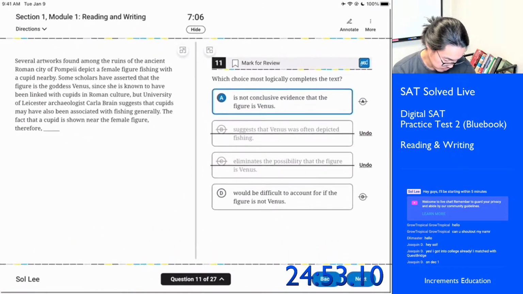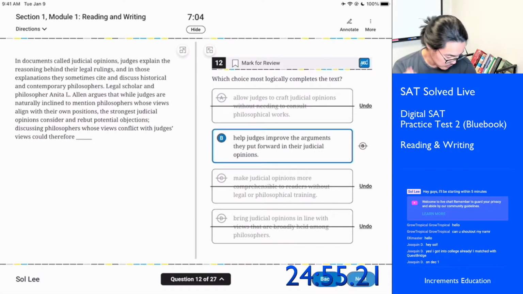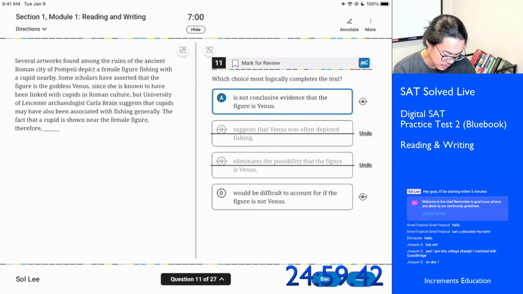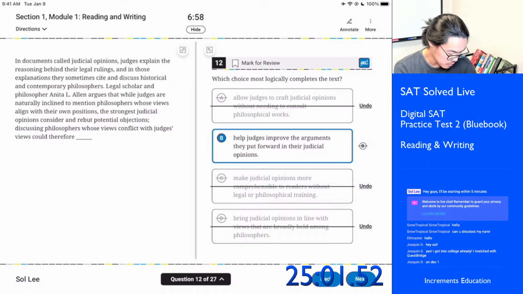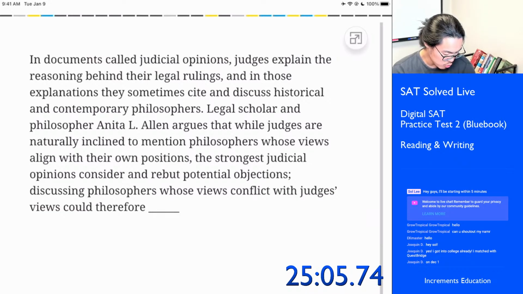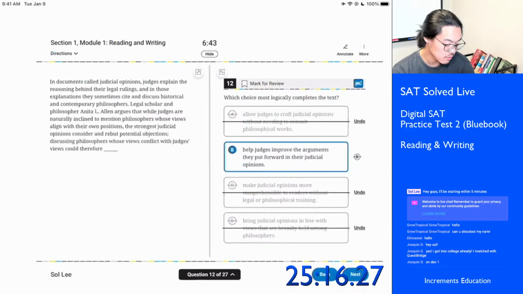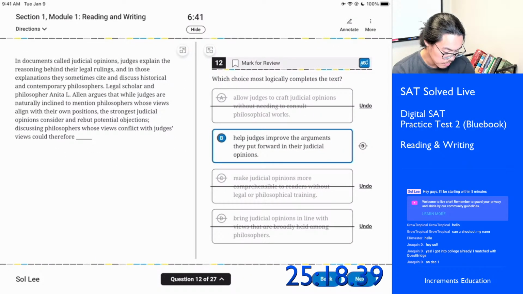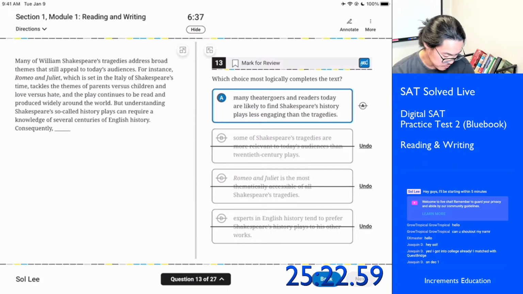So it's not concluded. It's undecided. The strongest opinions consider the opposite side. So if you discuss philosophers who conflict with you, you could have stronger opinions. Correct.